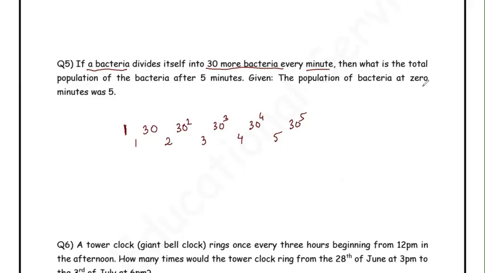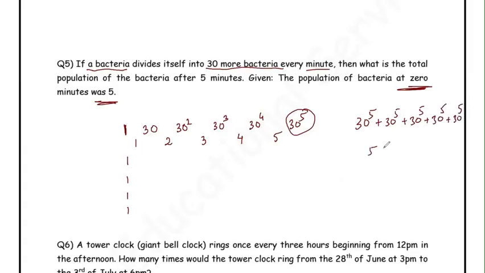Now, at 0 minutes, the population was 5. So you have to repeat that for the second one, third one, fourth one, fifth one, and then add them all up. So basically, this is my answer for one of them. So when I add them all up, it will be plus 30, plus 30, plus 30, plus 30.